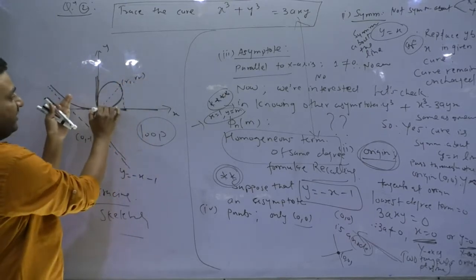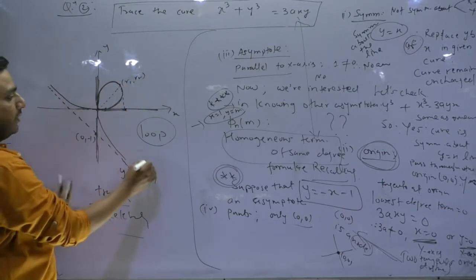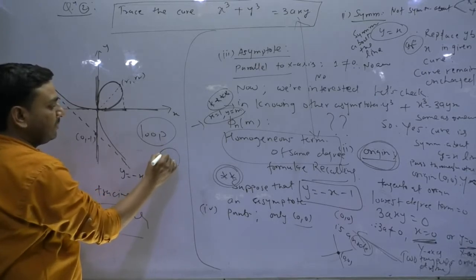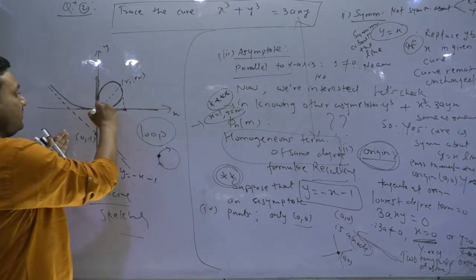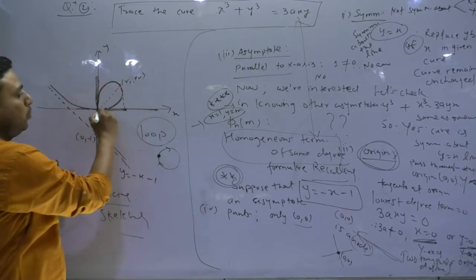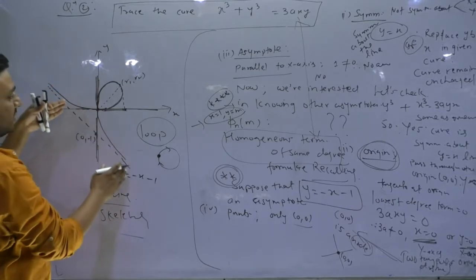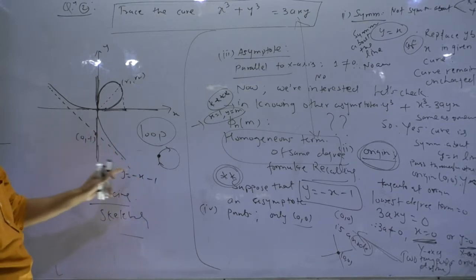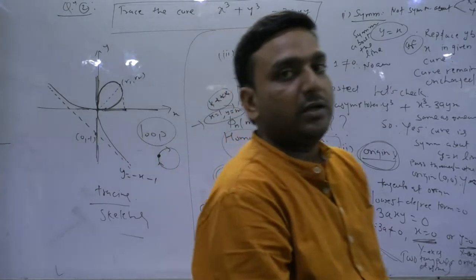So you will see कि after this value the value will be repeated itself. तो loop क्या होता है, एक point के बाद वापस से same जगह पर आ जाए, that is a loop. So at this origin we have a loop. After that we need to maintain कि this curve touches the line y equals to minus x minus 1 at infinity. Is that clear or not?